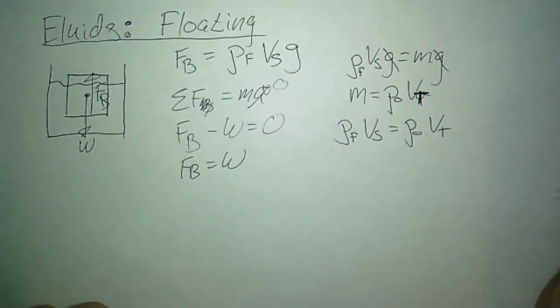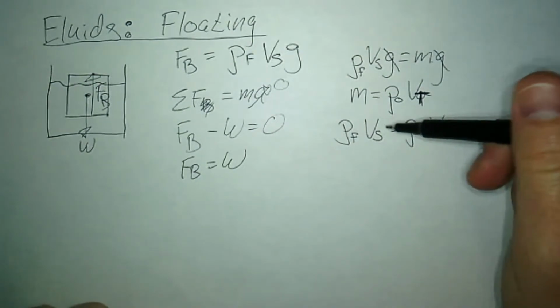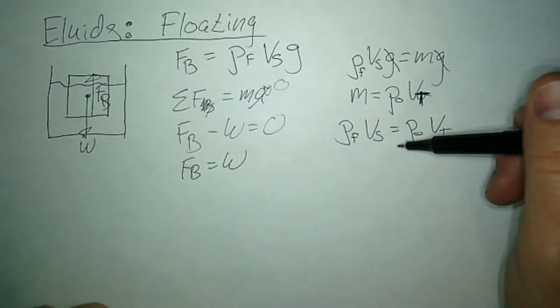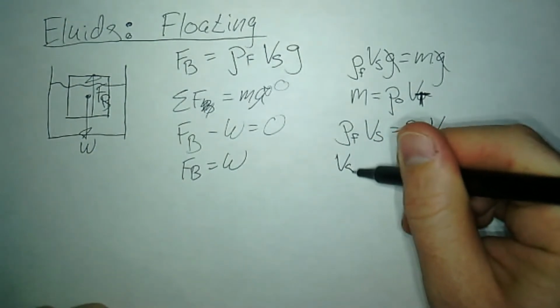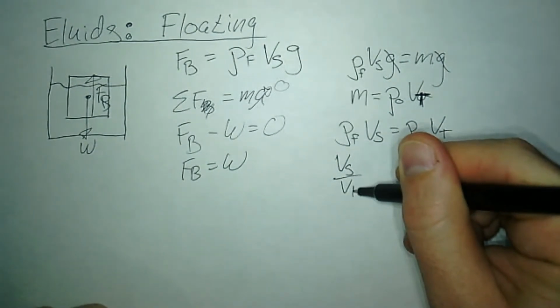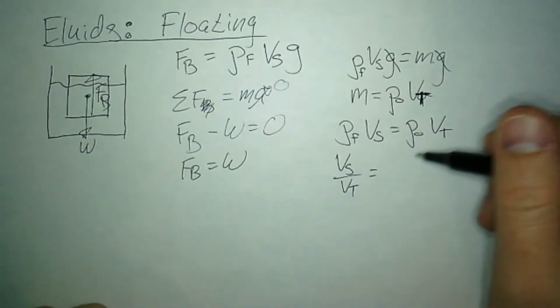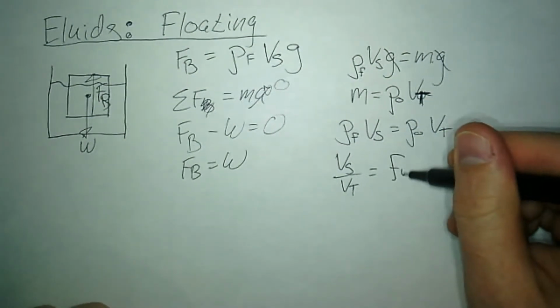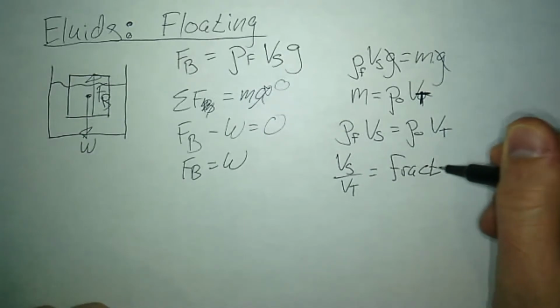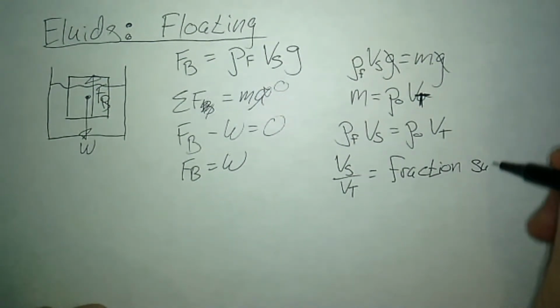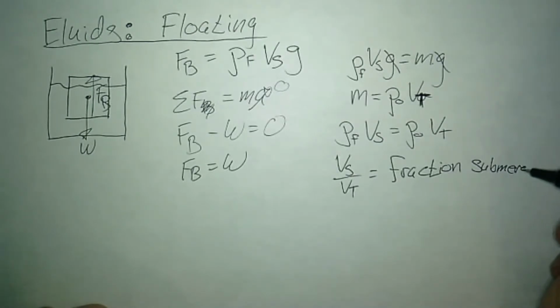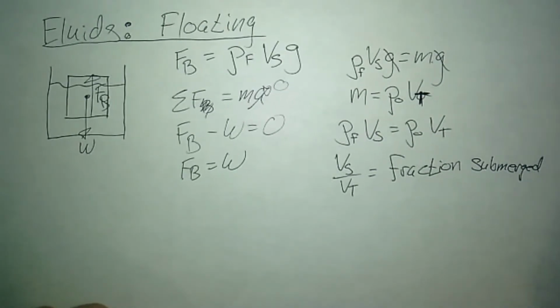So now if I want to know what percent of the object is below water, well then I'm just going to solve for the ratio. Vs over Vt will get me the fraction of it below water. Fraction submerged. If I want percent, just multiply by 100. Okay.